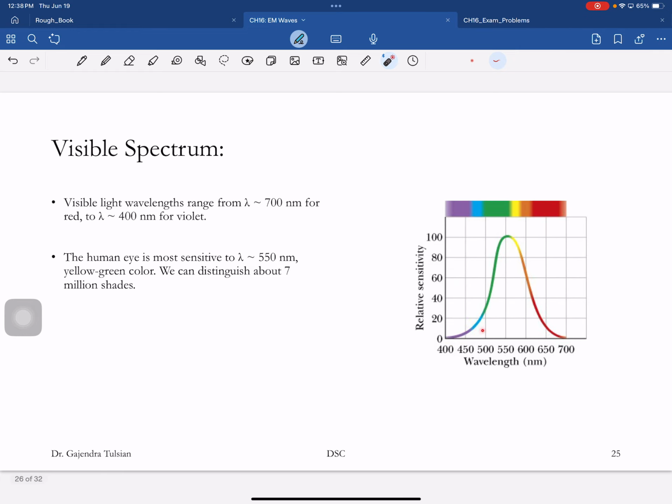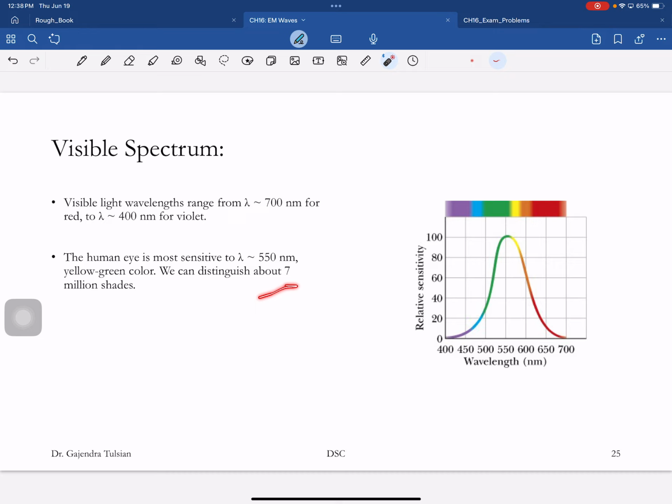Different wavelengths appear as different shades, and you can see 7 million shades. So this device of hers renders about 16 million shades. So they sold you a bag of goods.